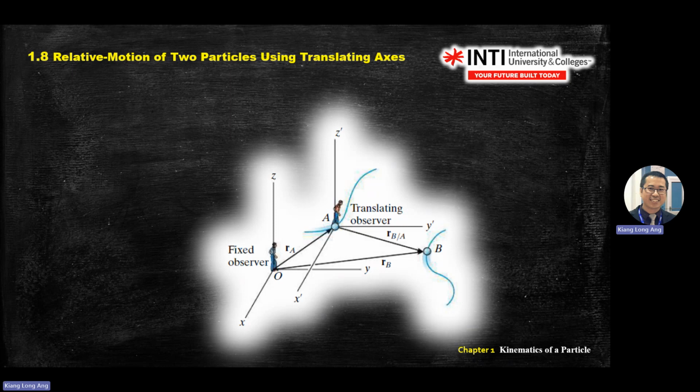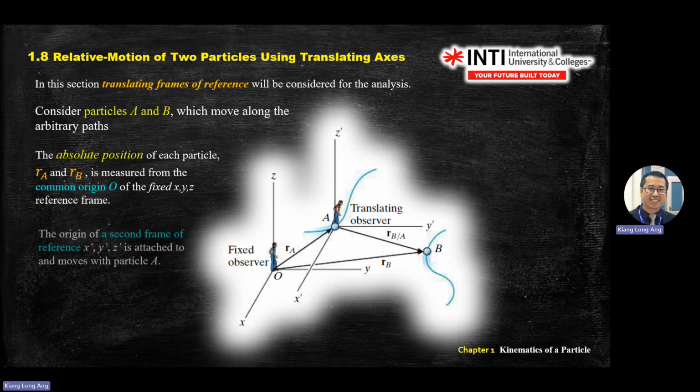Translating means this one is moving, but it starts to observe object B. And then there's a fixed reference point from there. It's like a tracking algorithm, right? It's how our GPS can lock on to your phone, using this approach.